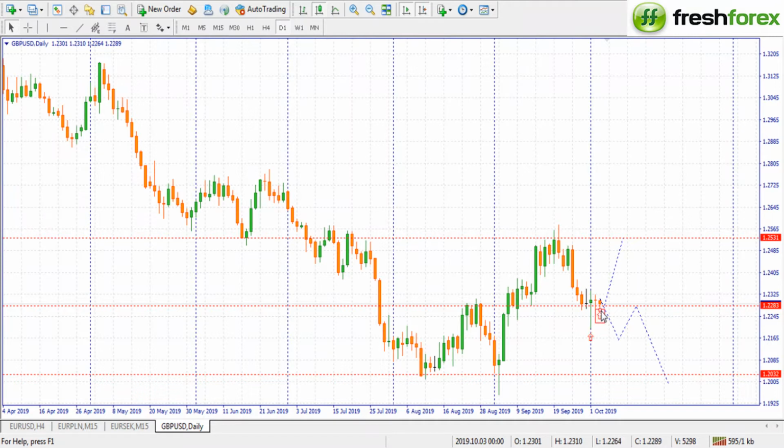So overall, we look for a buy. If that buy fails to mature, we're going to sell below 1.2283. That sell will push price up to 1.2032, which is here.